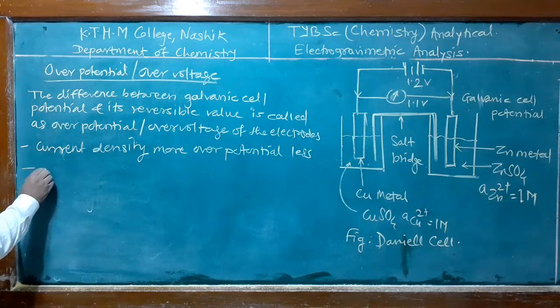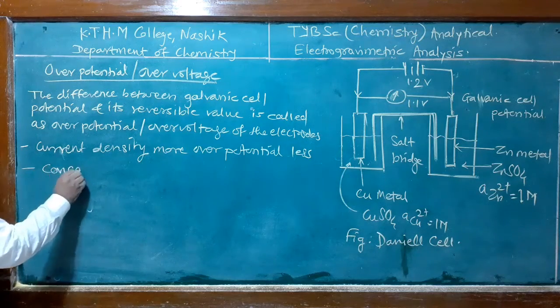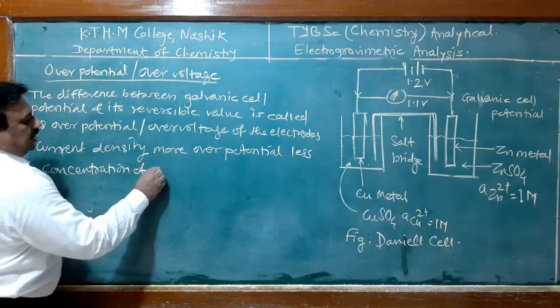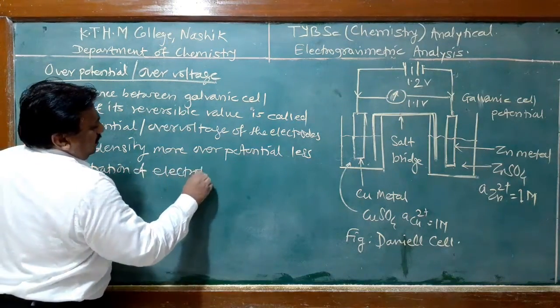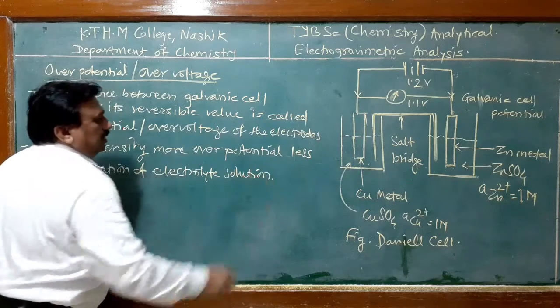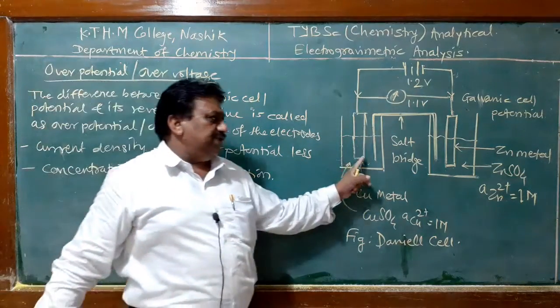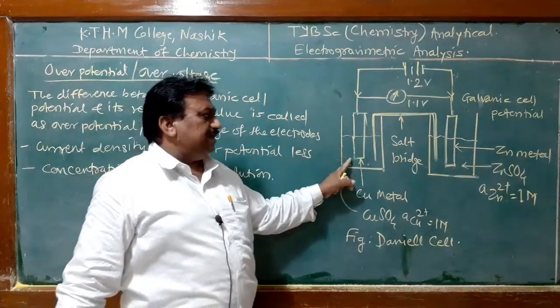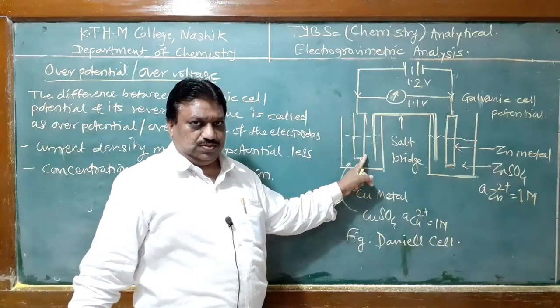And the next factor is concentration of electrolyte solution. Now when initially this cell is functioning as a galvanic cell, at that time copper is deposited onto the electrode.